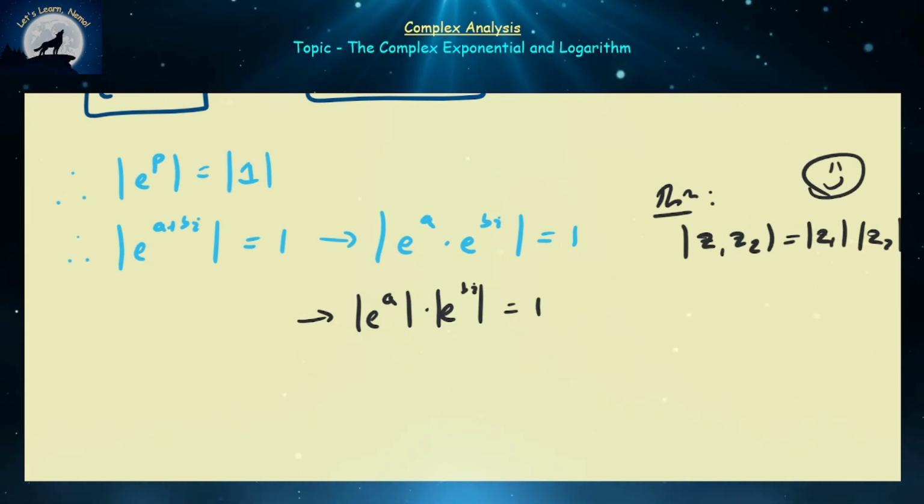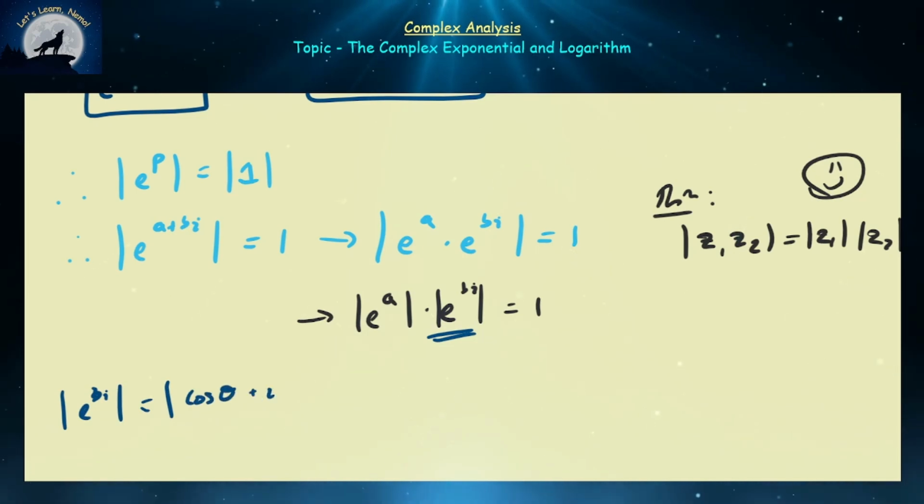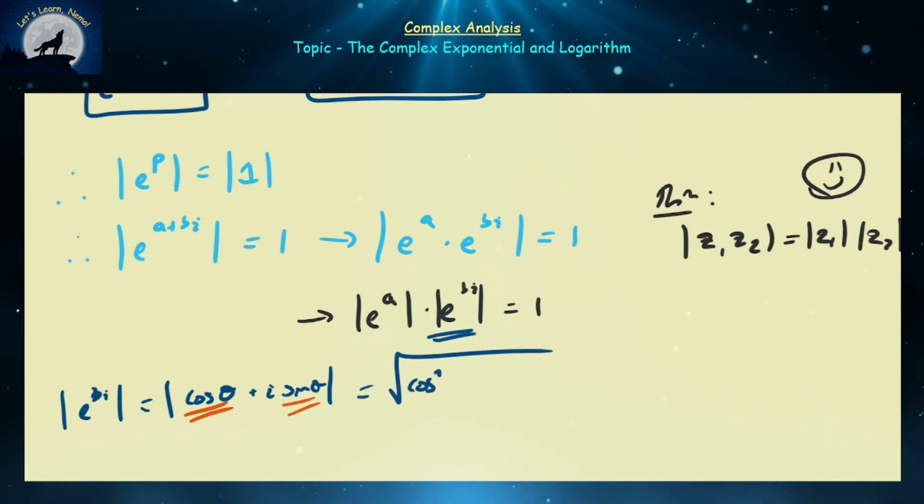Now, firstly, what is the absolute value of e to the bi? Well, the absolute value of e to the bi will be equal to the absolute value of the number cosine theta plus i sine theta, which, keep in mind, this is the real part, this is the imaginary part. So this is going to be equal to the square root of the real part squared plus the imaginary part squared.